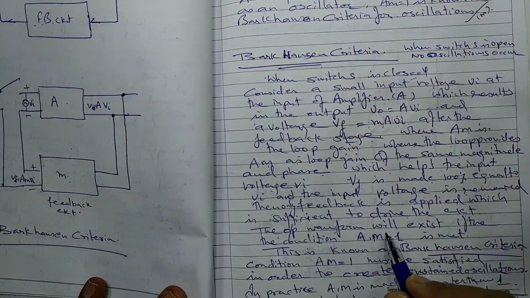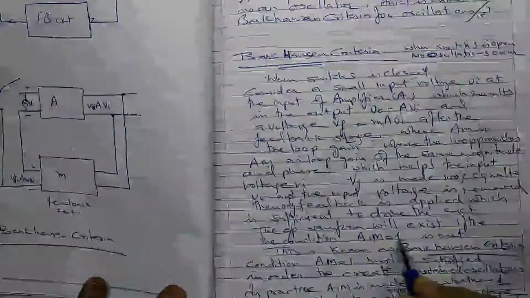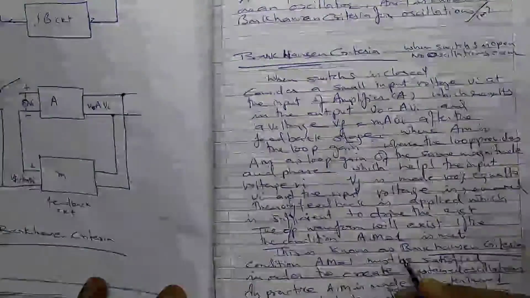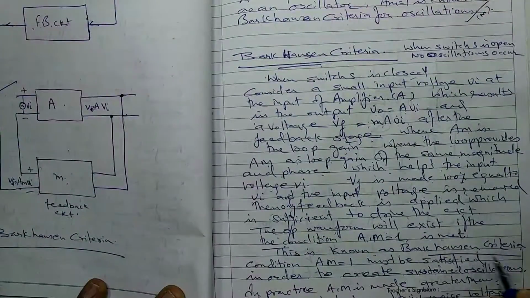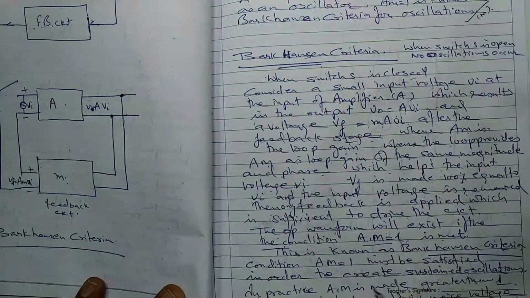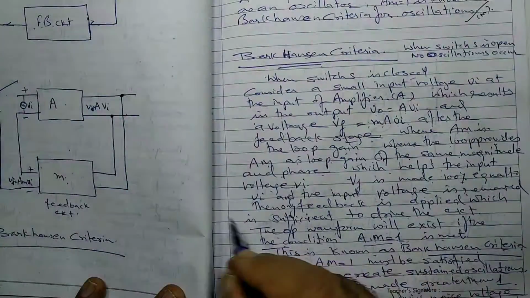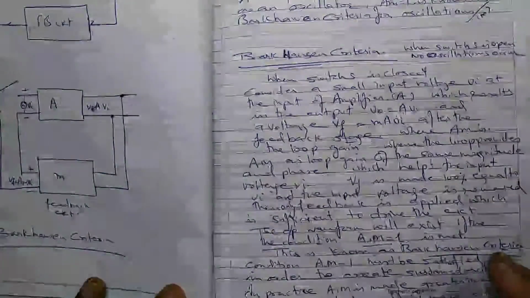The output waveform will exist if the condition AM equal to 1 is met. This is known as the Barkhausen criterion. So the Barkhausen criterion means when AM equal to 1 is met, then the oscillations will exist.